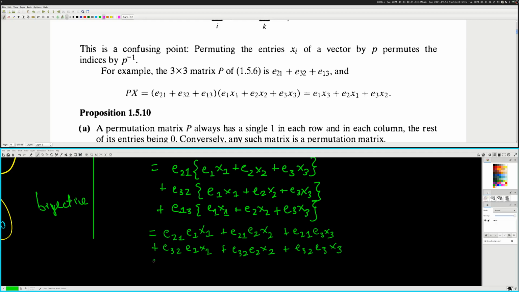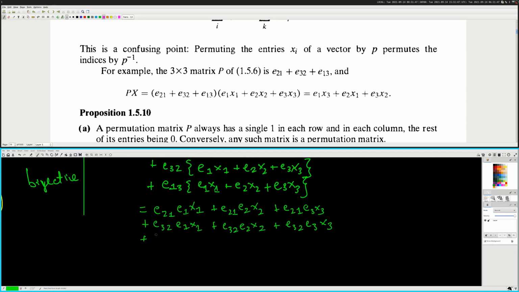I'm getting carpal tunnel. Plus e13 e1x1 plus e13 e2x2 plus, and if I've made a mistake, there is zero chance I've caught it.